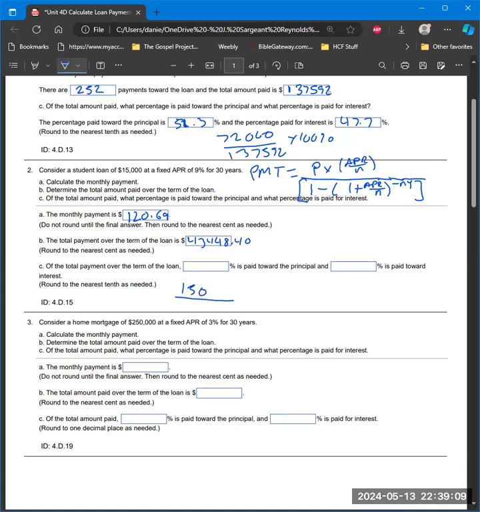So 15,000 over 43,448.40 times 100% is going to give me 34.5% paid towards the principal, and 65.5% is paid towards interest.